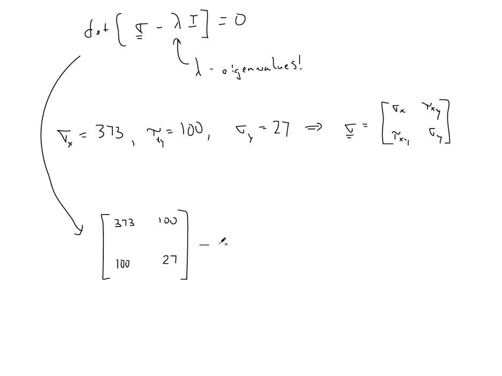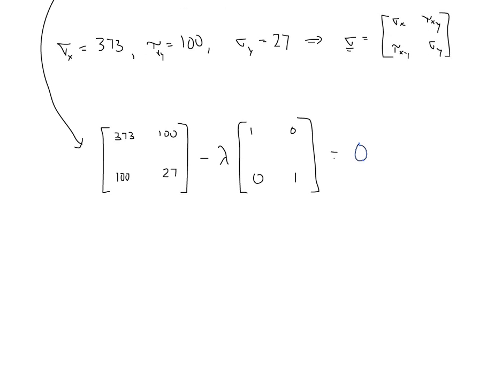I'm going to subtract lambda times the identity matrix 1, 0, 0, 1, and solve this relative to 0. This basically solves out as, I can combine it all. Oops, this is an equal sign here. And then, again, I'm going to take the determinant of all of this.